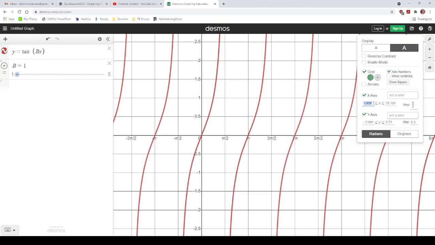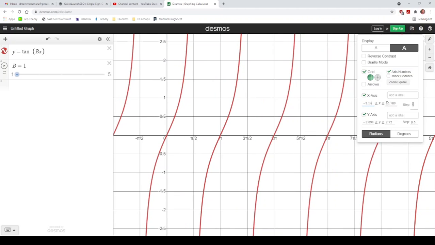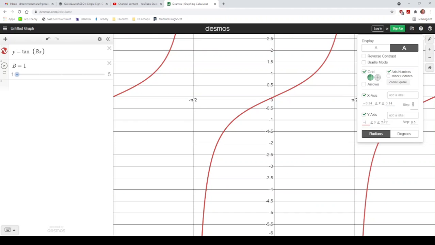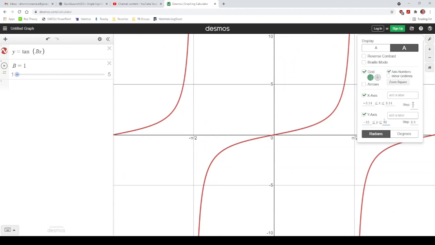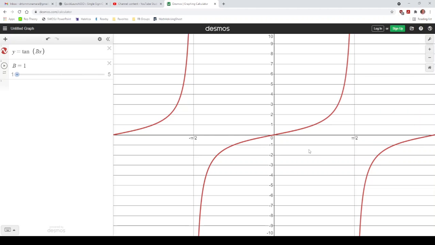I want my x-axis to be -3.14 to 3.14, so kind of focusing on one complete cycle. My y-axis will be -10 to 10. And we'll make the step every 1 unit. So a little bit better picture of the tangent function here.